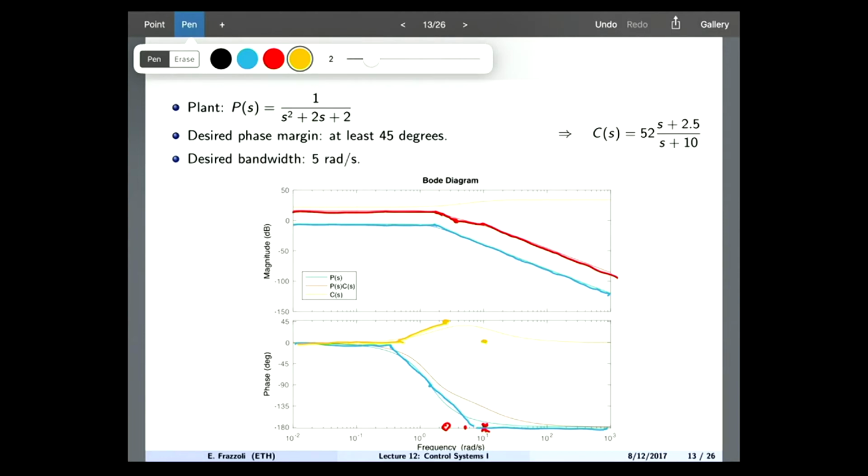Here you will start seeing the effect of the pole, so it will be something like that, and then we'll go down.